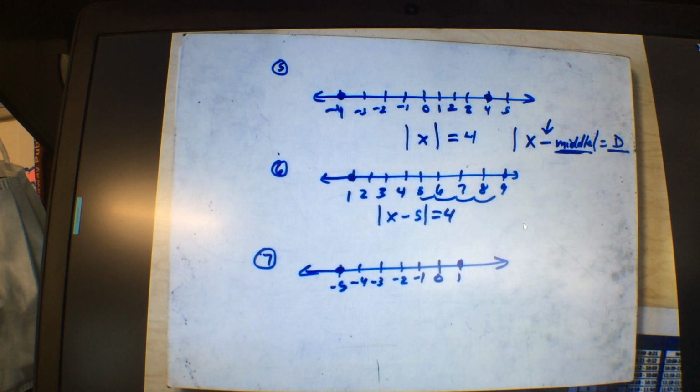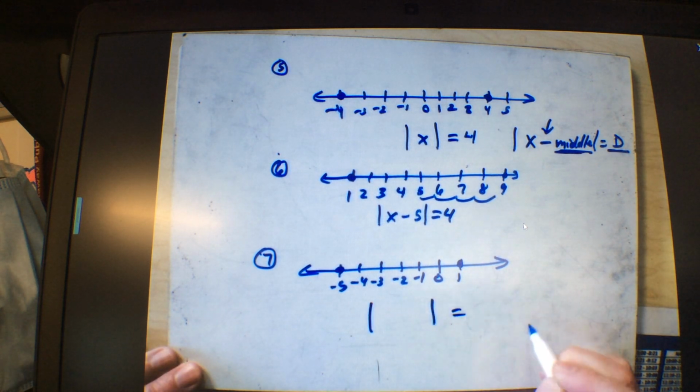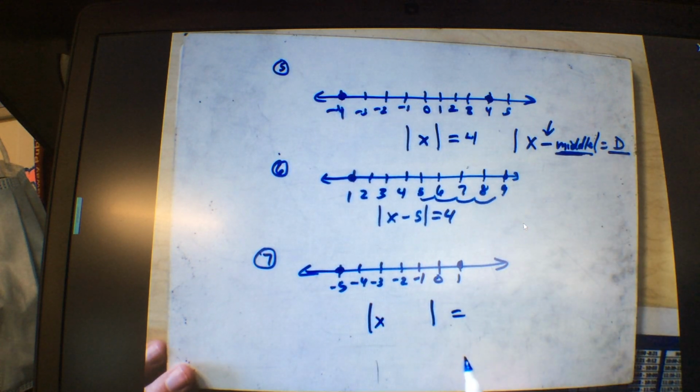Now try to figure out what the answer is. We know it's going to be the absolute value of something equals distance. So we have x minus the middle. What's the middle? Minus a -2. Well, minus a minus, right? Okay. Equals, how far are these numbers from -2?